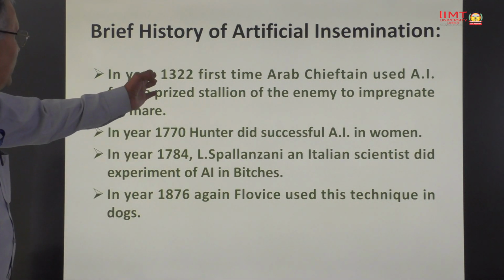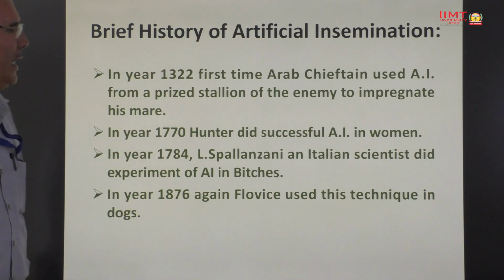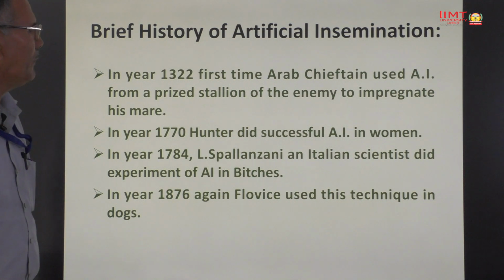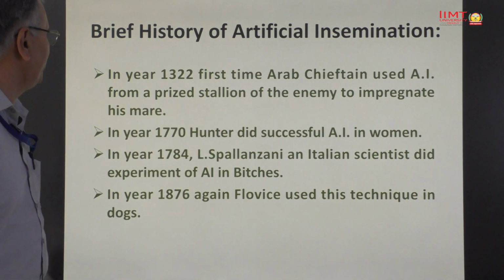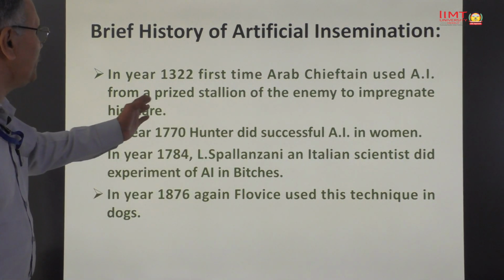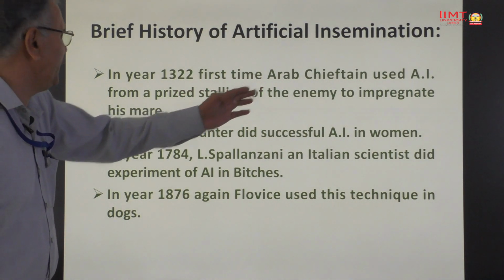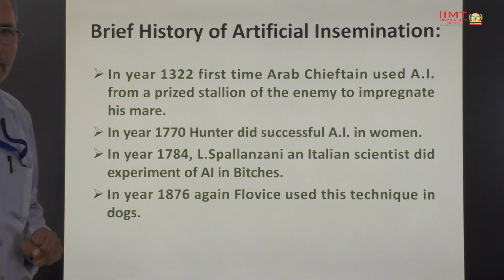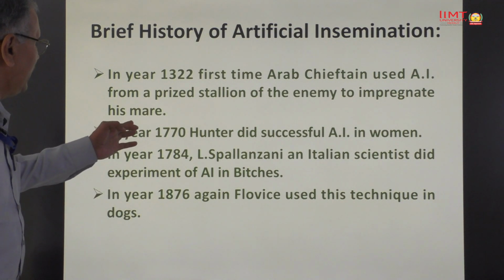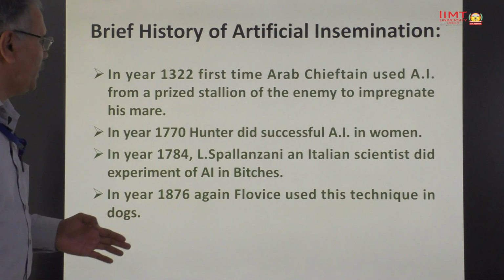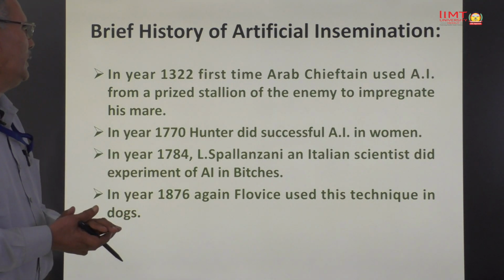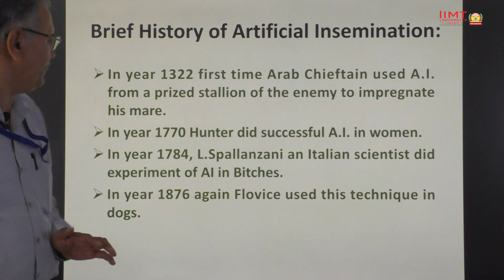In the year 1322, the first time an Arab chieftain used artificial insemination from a prized stallion of the enemy to impregnate his mare. In the year 1770, Hunter did successful AI in women.